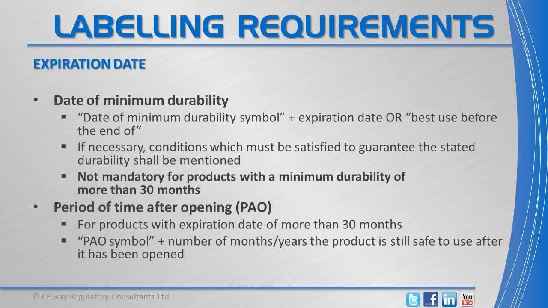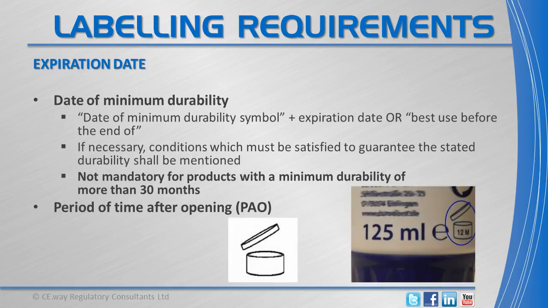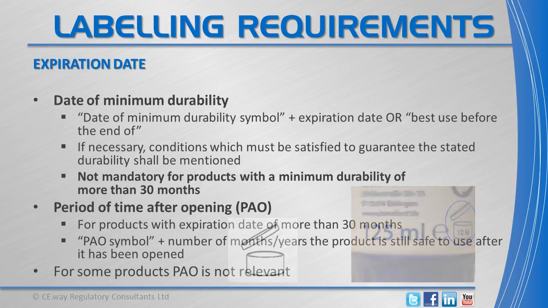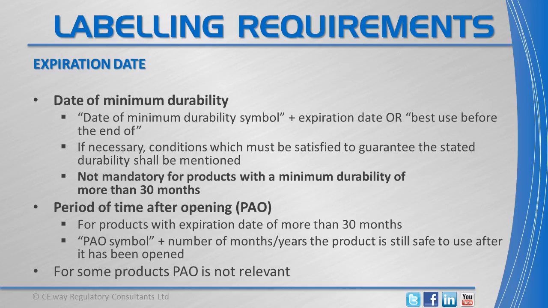The number of months can be placed inside the symbol or next to it and is followed by the letter M. Here you can see the symbol for period after opening. For certain products, however, the period after opening is not relevant. These are products such as single-use products, products where the packaging does not allow physical opening of the product, for example, aerosol dispensers, and the products with a low microbiological risk.